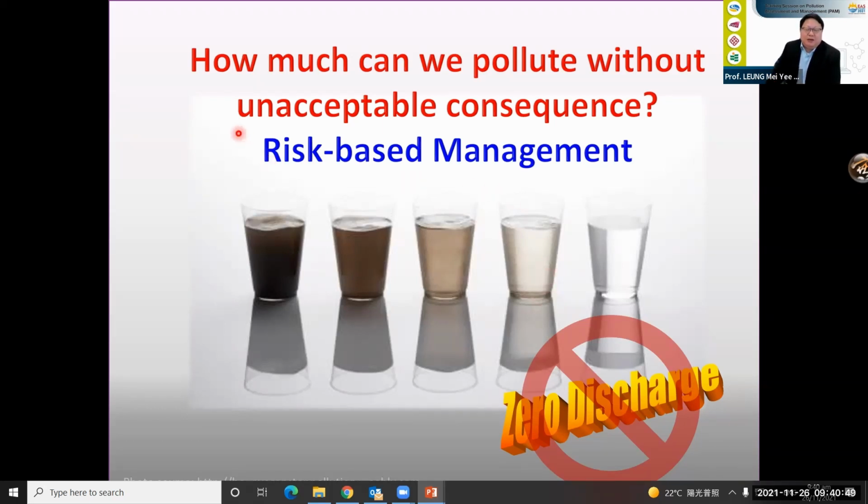So, as I said before, now we manage the environmental quality based on environmental risk, okay? So the question is, how much can we pollute the environment without an unacceptable consequence? So we have a rainbow of different levels of pollution.